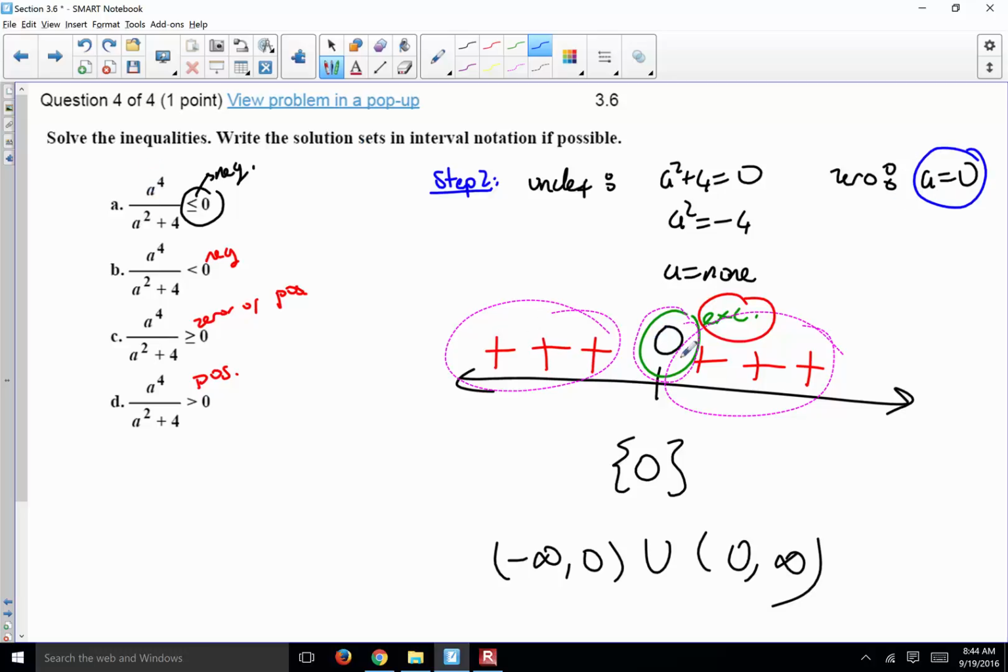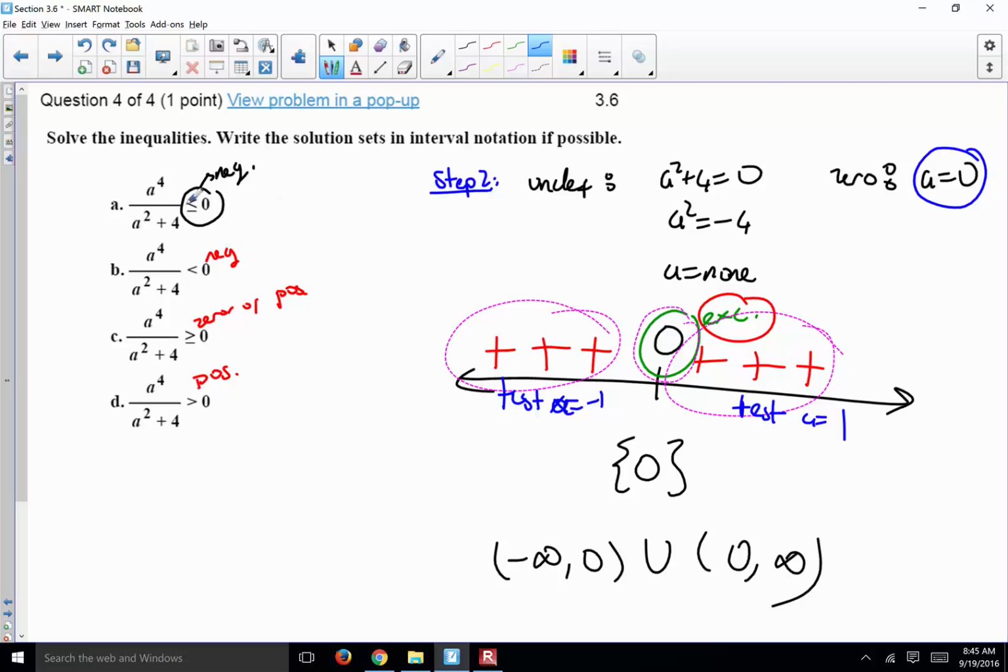So I put it on the chart and test a value before 0 such as -1, and I test a value after 0 such as 1. If you test them, you will observe that they always yield positive results.